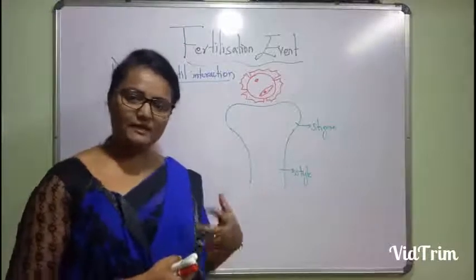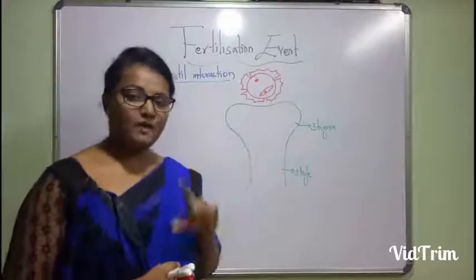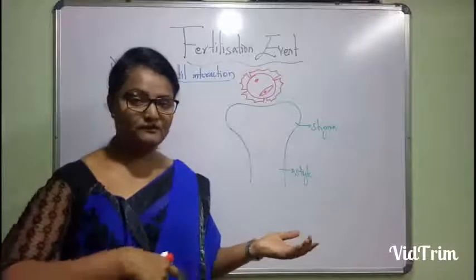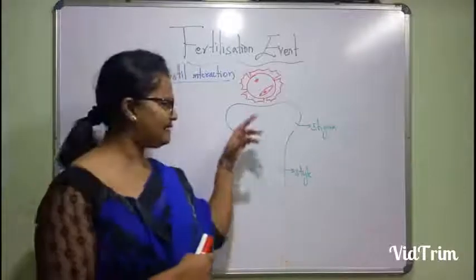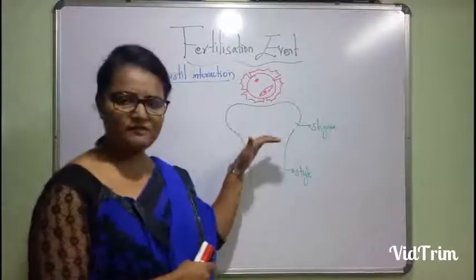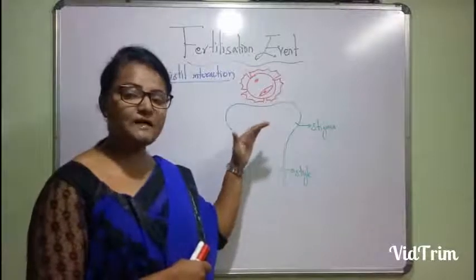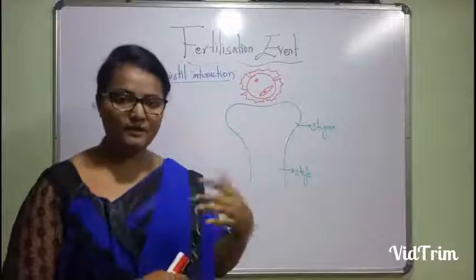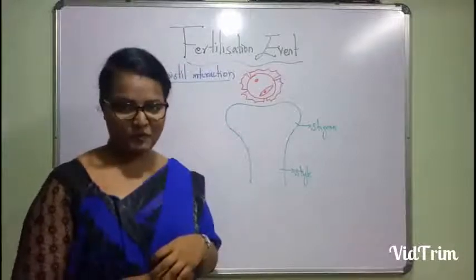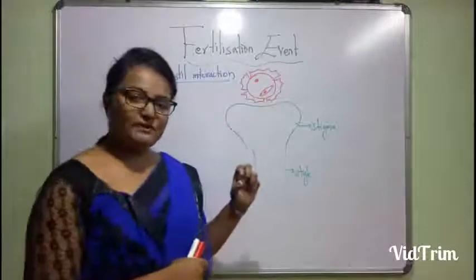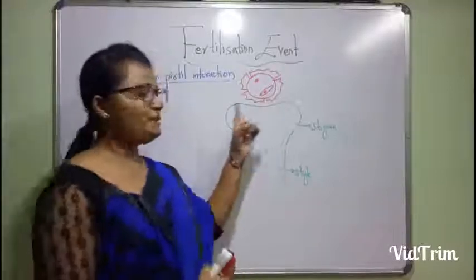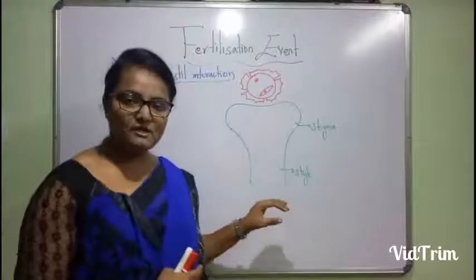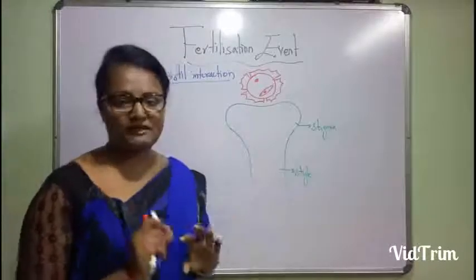Why do they undergo this interaction? Because sometimes other pollen grains or different species pollen grains land on the surface of the stigma. In such a case, we call that an incompatible pollen grain or wrong type of pollen grain. The stigma doesn't allow such pollen grains to germinate on the surface, so they avoid fertilization.